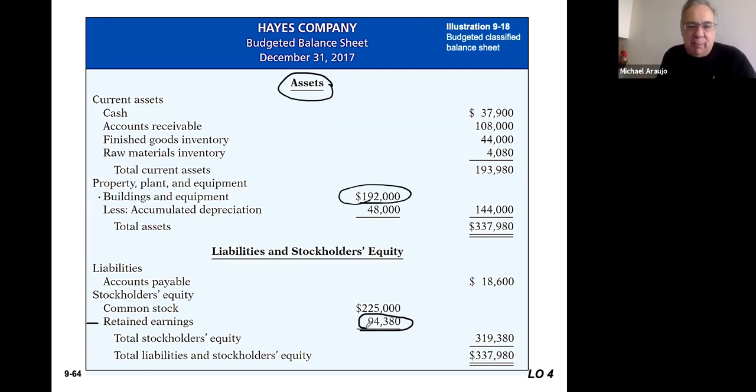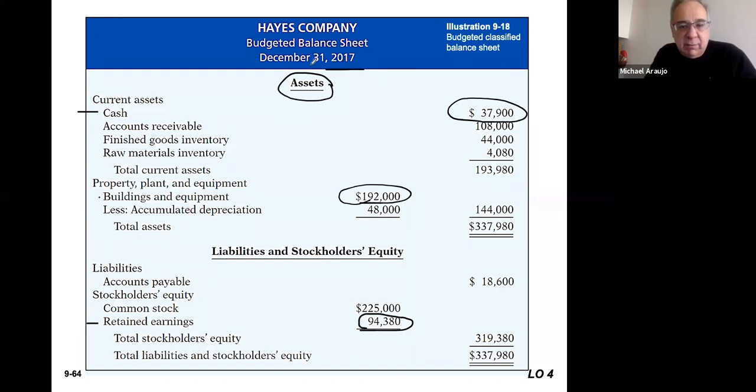So you have to add that profit into the retained earnings previously. It doesn't say that you paid any dividends. And so in that sense, you should be all set. Oh, and by the way, the cash balance here, you'll get from the cash budget that you just did, at the end of the year. You'll get your cash balance right there.